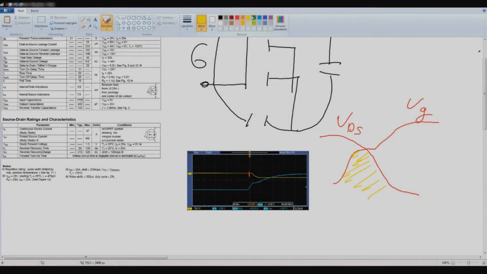What's problematic with this overlap is that we also have a current that starts to rise, a sharper rise over here. And even more important is this drain to source voltage and this drain to source current.